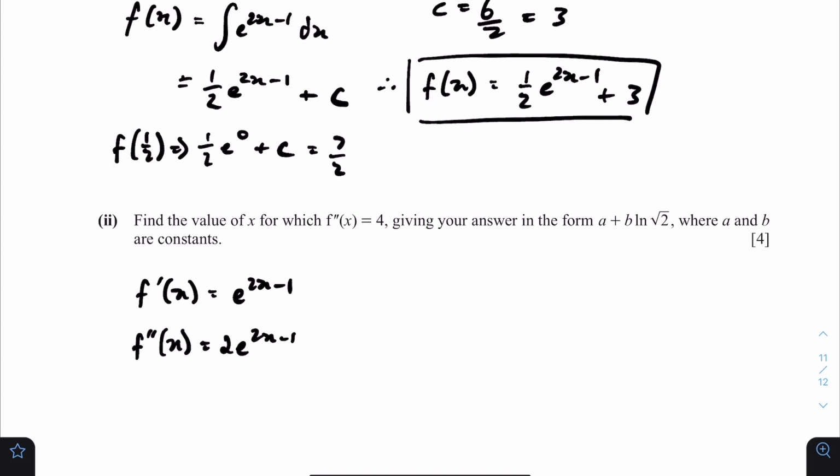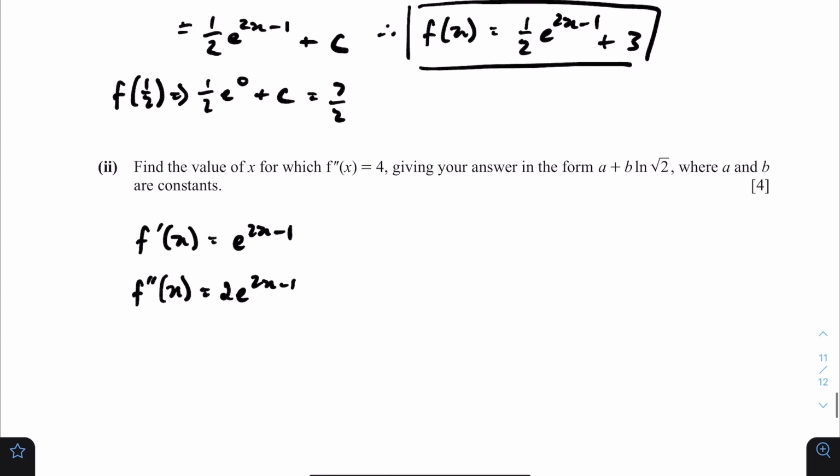They're asking us to find the value of x for which this is equal to 4. So we can say that this is equal to 4. And if we divide by 2 from both sides, we get e to the power of 2x minus 1 is equal to 2. If we take the ln of both sides in order to bring this 2x minus 1 down, we get 2x minus 1 is equal to ln 2.